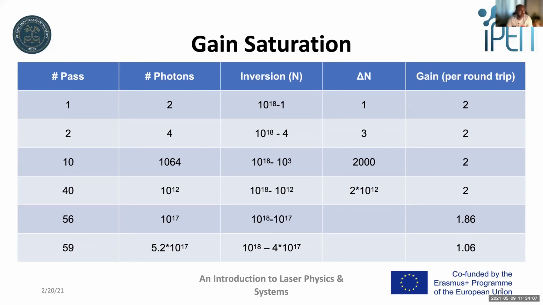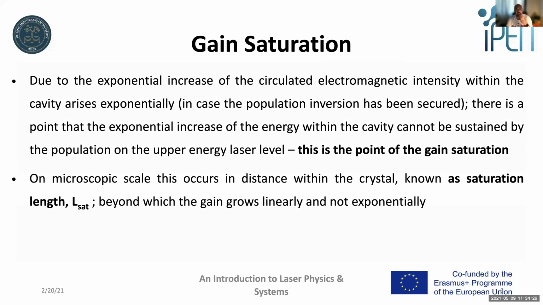As you can see, from just 10 passes we have moved from 2 to 4 to 10 to 64, but then we have a lower increase of the number of photons. This becomes more linear. And this is the experimental appearance of the saturation.